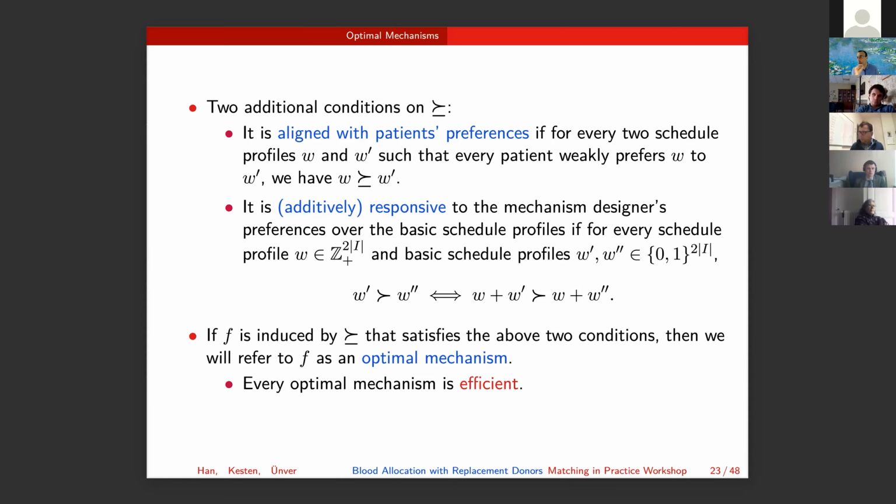Again, these are component-wise additions. The reason we call this responsive is that this is literally an extension of responsiveness in the literature of matching. But we have these identical units, so we basically add those identical units on top of each other.